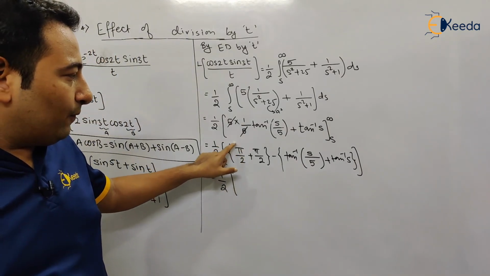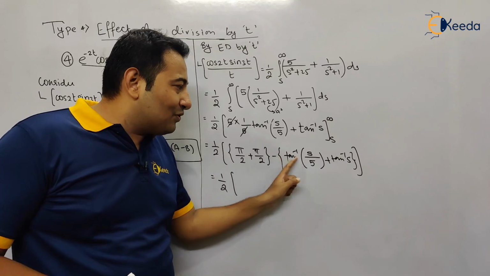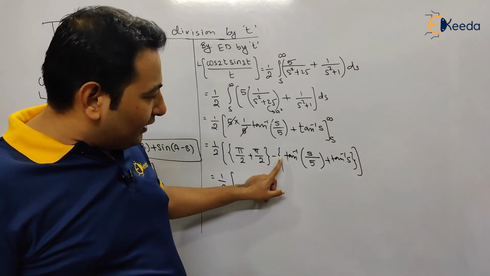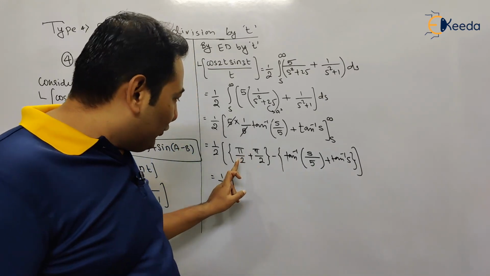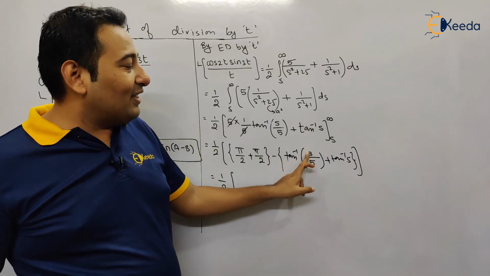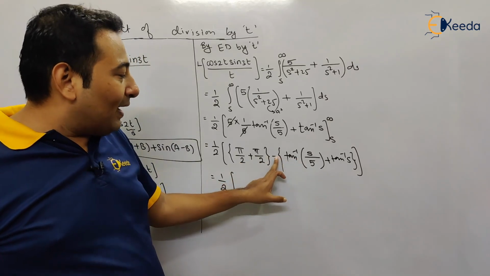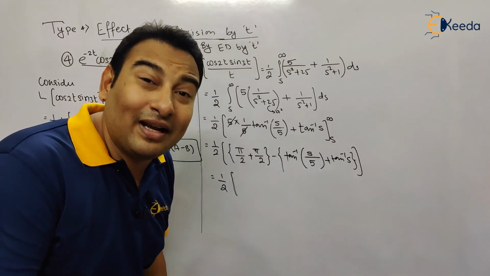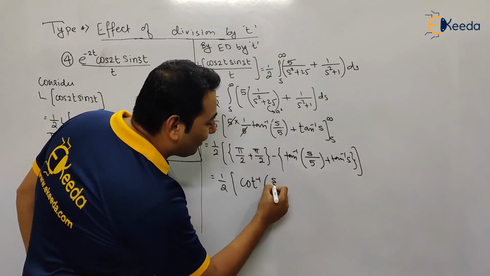This is pi by 2. And if you open this bracket, both the terms are negative. This will be minus tan inverse s by 5 and this will be minus tan inverse s. So pi by 2 minus tan inverse s by 5 will become, come on, cot inverse, right? So this will be cot inverse s by 5.